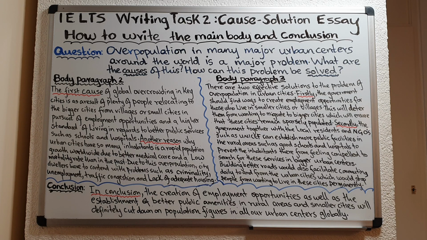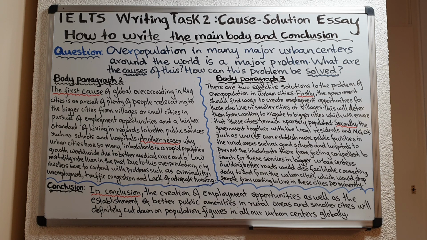To make it very clear to the examiner, I am about to write the first cause of overpopulation in our urban centers. So always begin with your topic sentence. That is the sentence that is directly addressing the question, okay? So talk about the first cause immediately you start writing body paragraph 2.